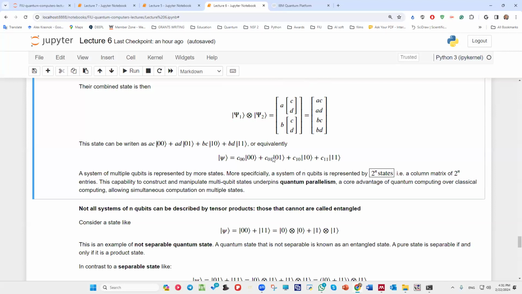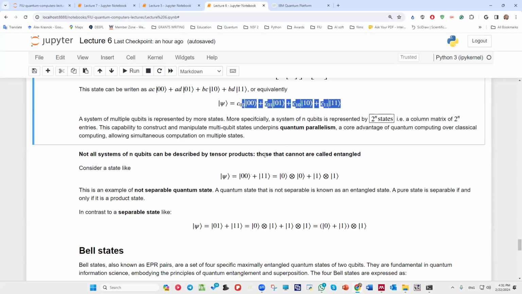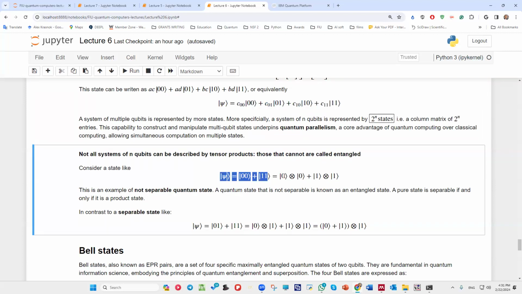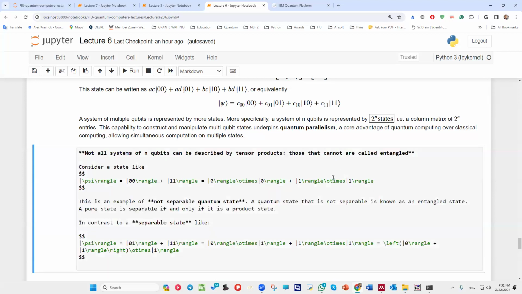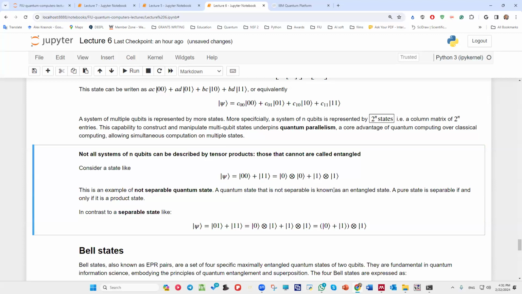However, one can ask, what if I get, for example, these two terms 0? Okay, so I don't have them. In this case, the state will be non-separable, because in this case, I will get a state like this: state 0, 0 plus state 1, 1. Or equivalently written in tensor form like this: 0 tensor 0 plus 1 tensor 1.